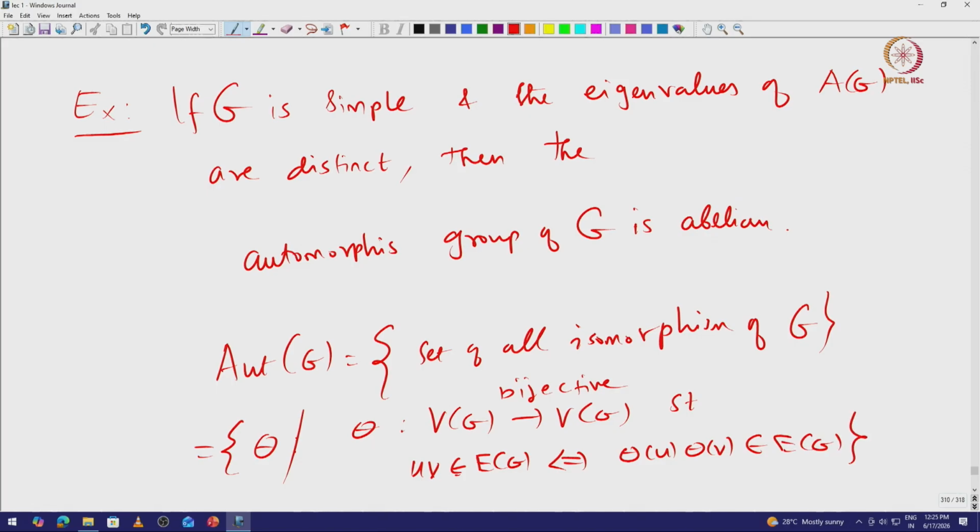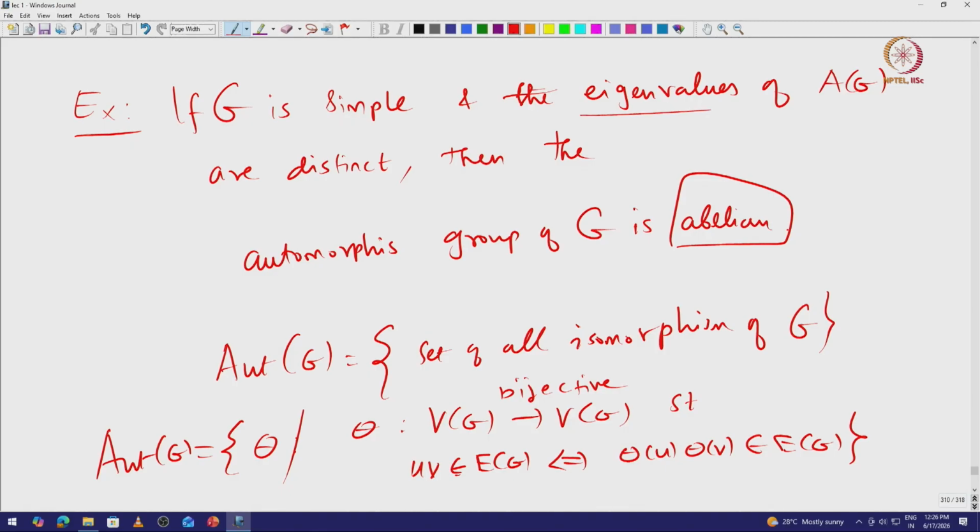This is the natural characterization of isomorphism of simple graphs, and the automorphism group of G consists of all these bijective maps satisfying this property. It is naturally a group with respect to composition, and that group is abelian. If you do not know these notions, you do not need to worry. I just wanted to give a glimpse of where the eigenvalues of A(G) play a role.